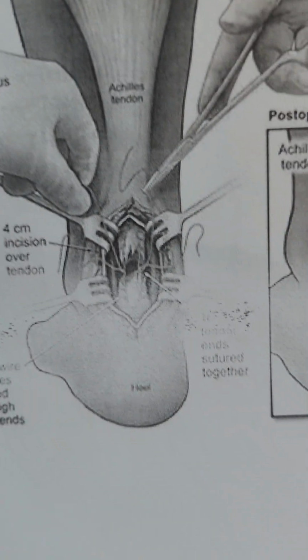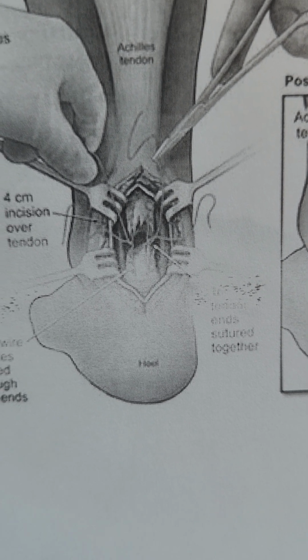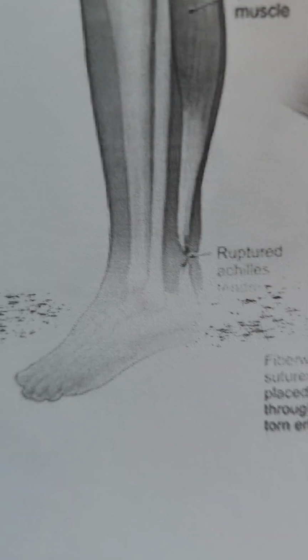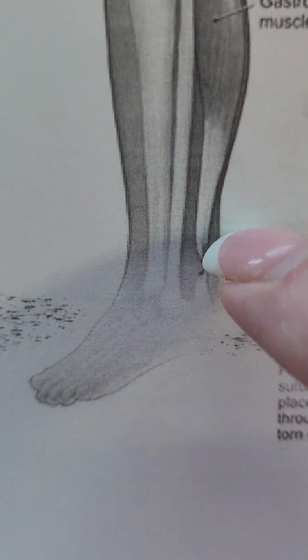Let me see, I have a picture. One second. Let's see. Here is a picture of a surgeon repairing the tendon. So there it is from the lateral view, the sagittal view.